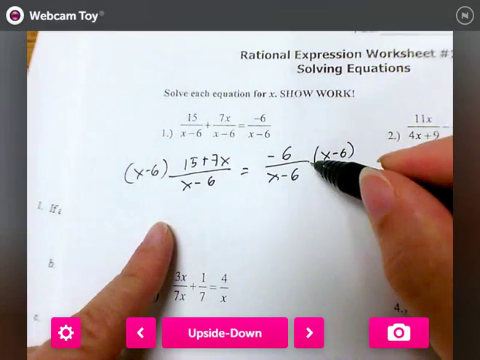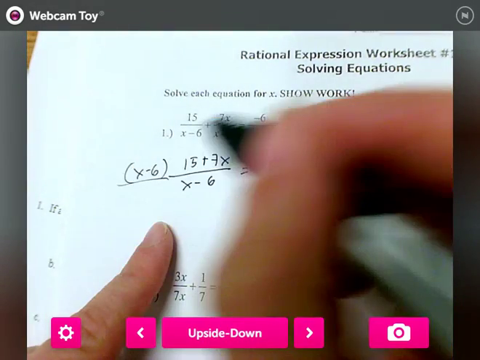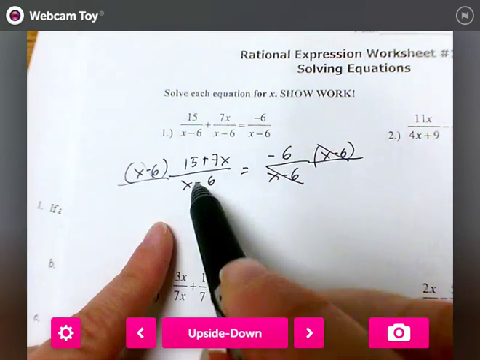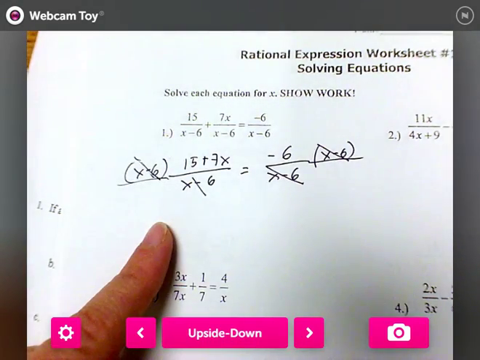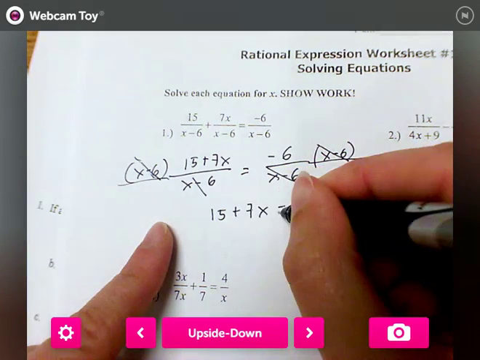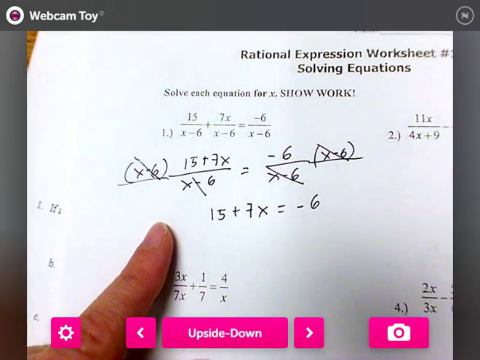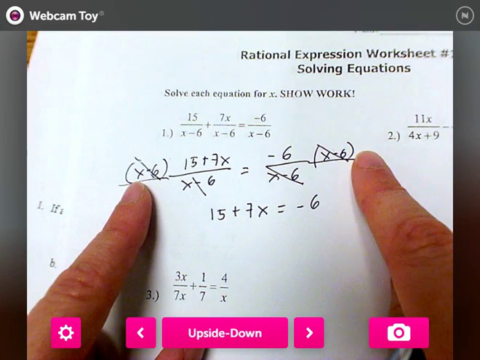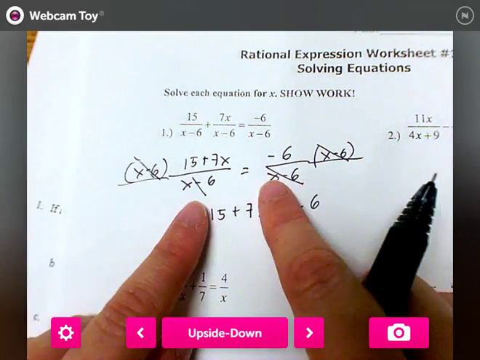If I have x minus 6 on the top of each of these, do you guys see that all of these cancel out? Yes. So I should have 15 plus 7x equals negative 6. Since I multiplied x minus 6 on the tops of both of them, it canceled out the x minus 6 on the bottom of both of them.